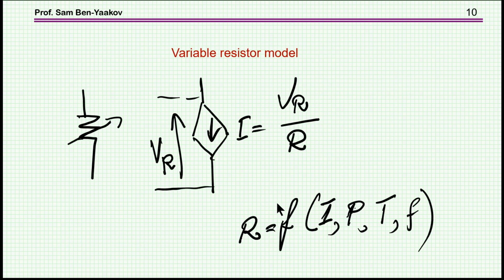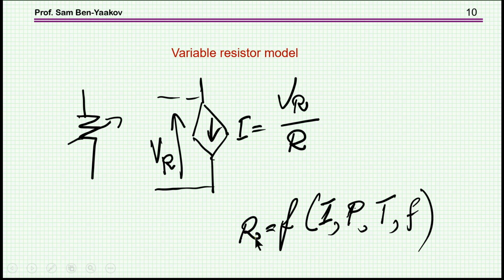The first thing I'd like to show is how we model a variable resistor, or a resistor which depends on something. The way to do it is, this is a resistor which is controllable or changing, and we replace it by a current source defined by the voltage across the device times this R. Now, if R is constant, then definitely the current is V over R, so this is a fixed resistor.